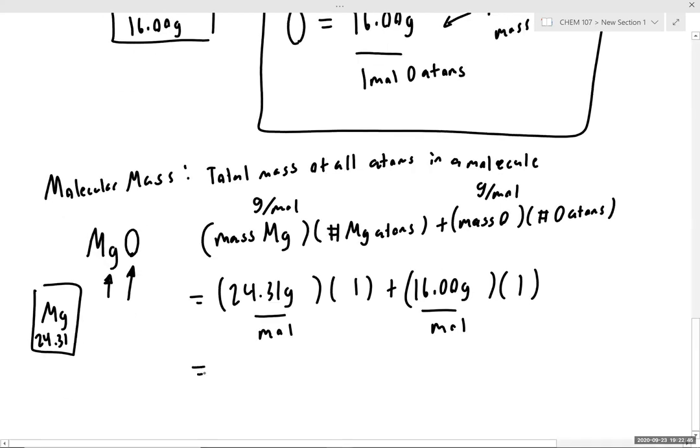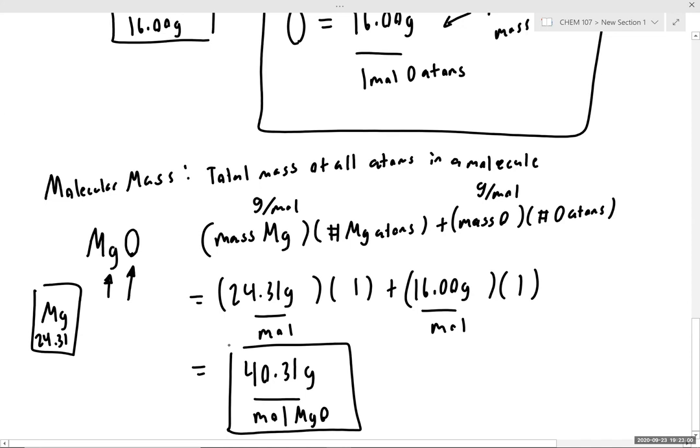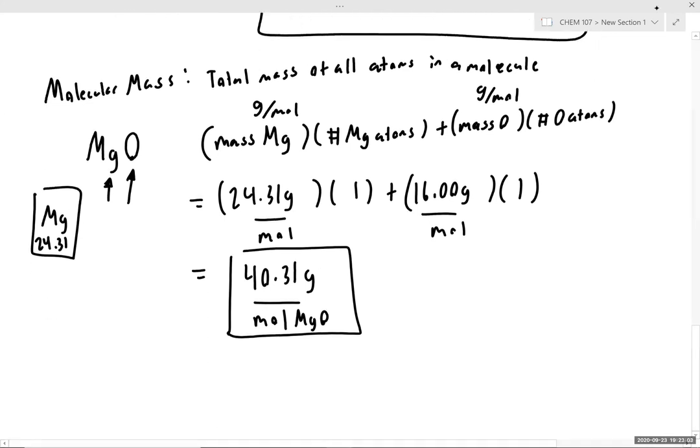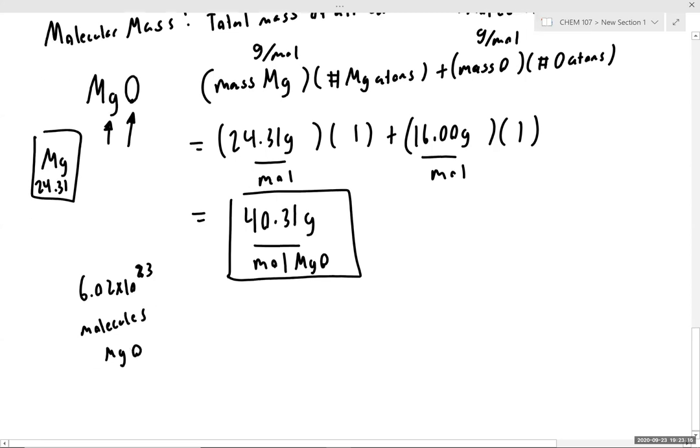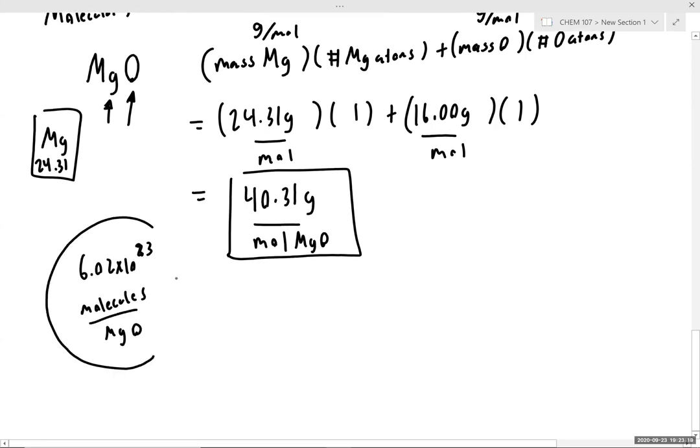So if we add our masses together, we get 40.31 grams, and this time it's per mole of magnesium oxide. So what this is telling us is if we get 6.02 times 10 to the 23rd molecules of magnesium oxide, this time we're looking at molecules, and we put it on a scale, we'd see a mass of 40.31 grams.